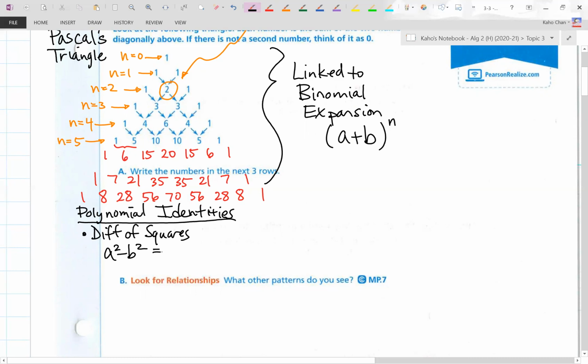And generically, when you factored a squared minus b squared, because there's a binomial there, there's a minus sign, and those two terms are square rootable, it factors to be a minus b times a plus b. This is something you learned in Algebra 1. And that particular answer you got was called a product of a sum and difference.